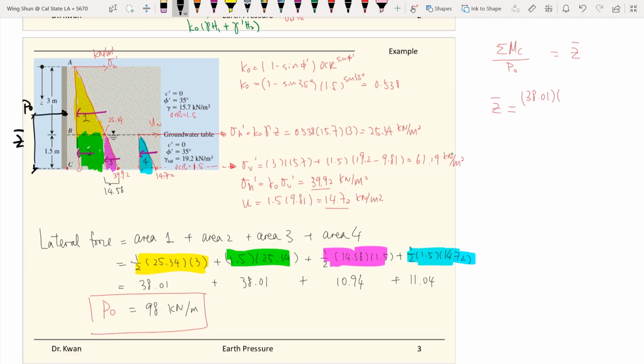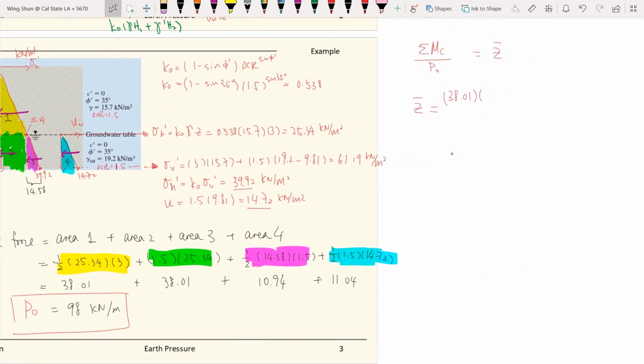So it'll be 1.5 plus 3 divided by 3. This locates the center of the triangle, and 1.5 is there because the triangle is 1.5 meters above the bottom of the retaining wall.